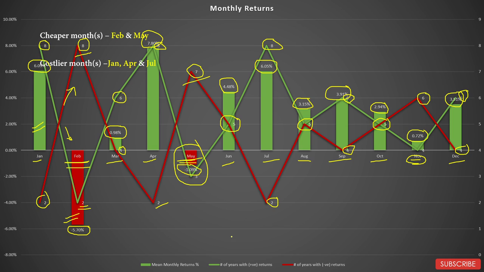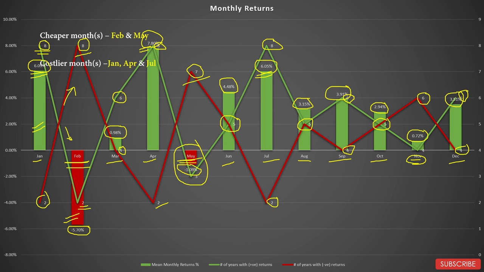Costlier months: January, April, and July. January with 6.09% average returns and 8 out of 10 times positive returns. April with 7.8% average returns and again 8 out of 10 times positive returns. And July with 6.05% returns and again 8 positive returns in the last 10 years.